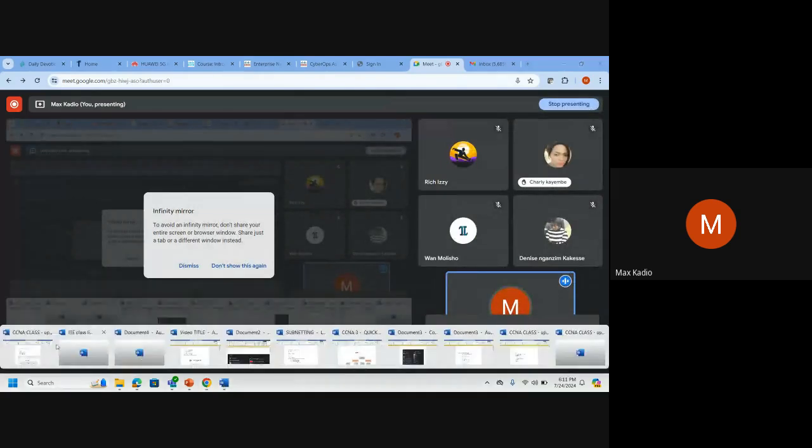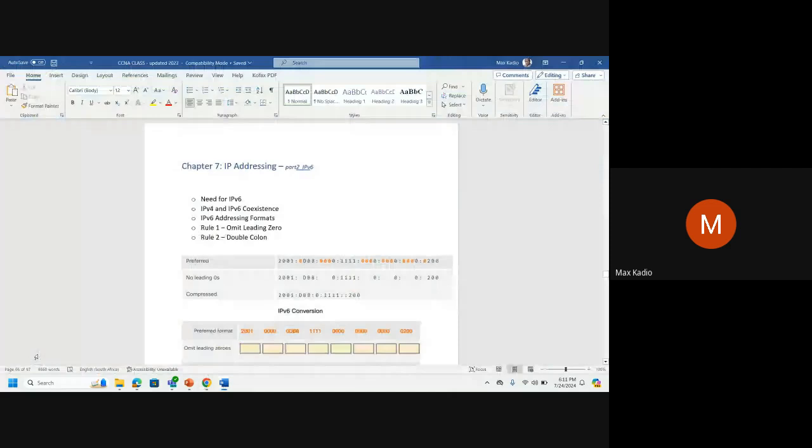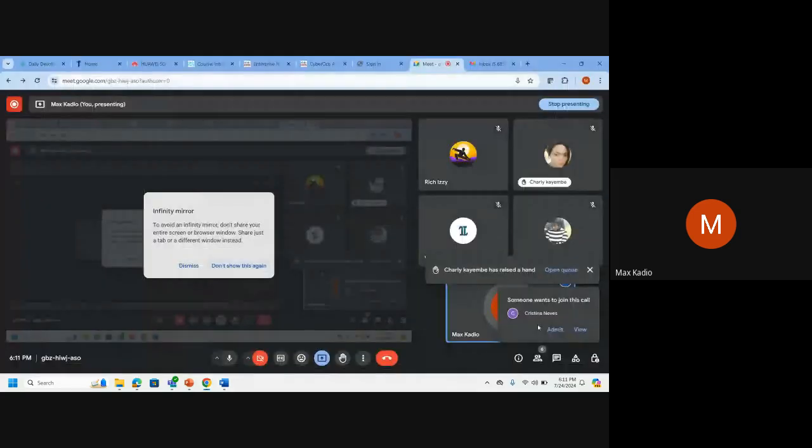Okay, let's start. Last time we studied IPv4. Today we're going to study IPv6. IP is how we identify a device or a router interface. It's like your South African ID or your passport or your asylum.